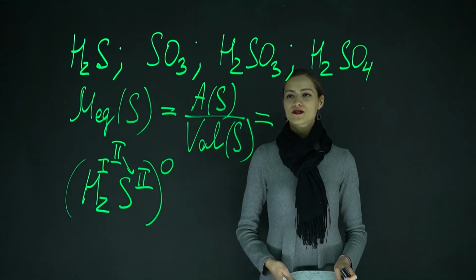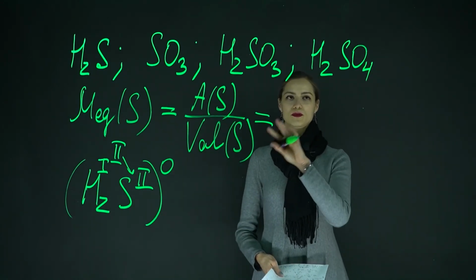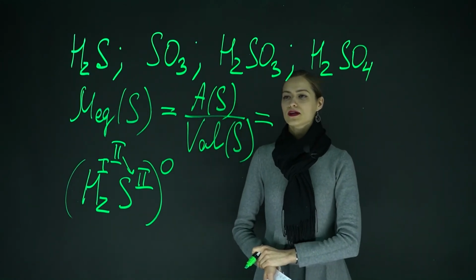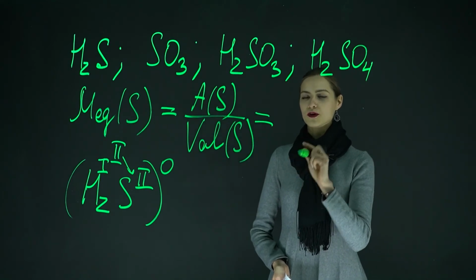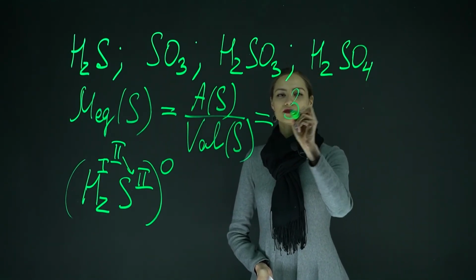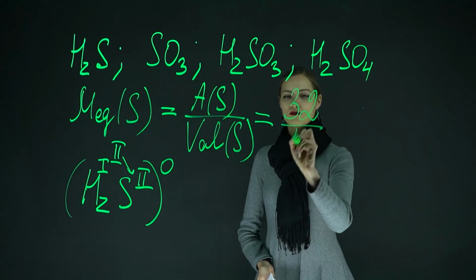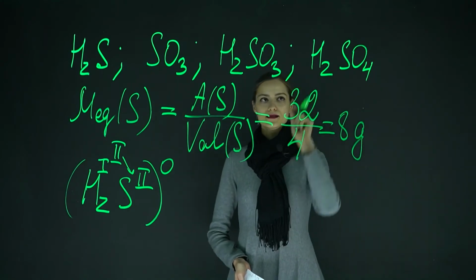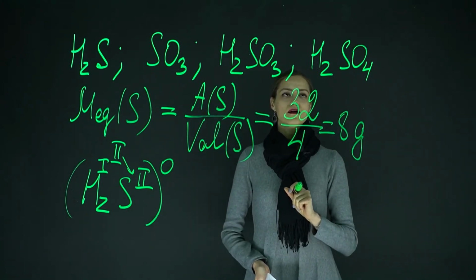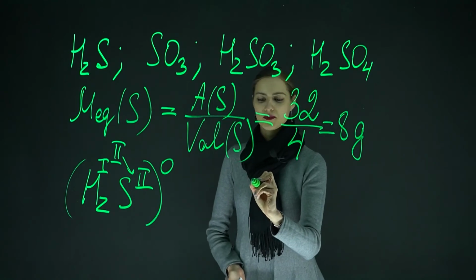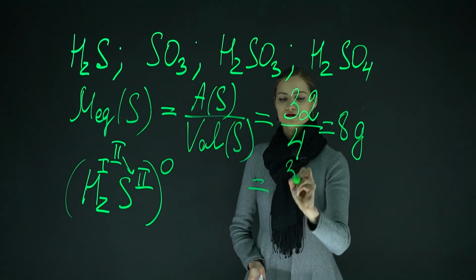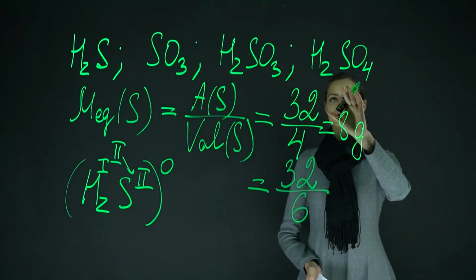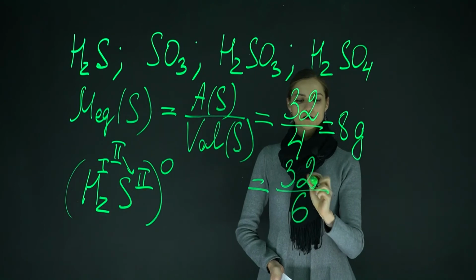Let's continue our calculation for sulfur. Now we have 2 acids. H2SO3: here the valency of sulfur equals 4, so we divide atomic mass 32 over 4. It equals 8 grams. And the last example, sulfuric acid: we also divide atomic mass 32 over 6, because the valency of sulfur in this acid equals 6.